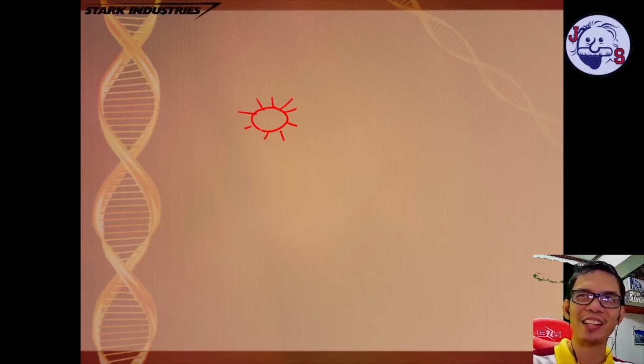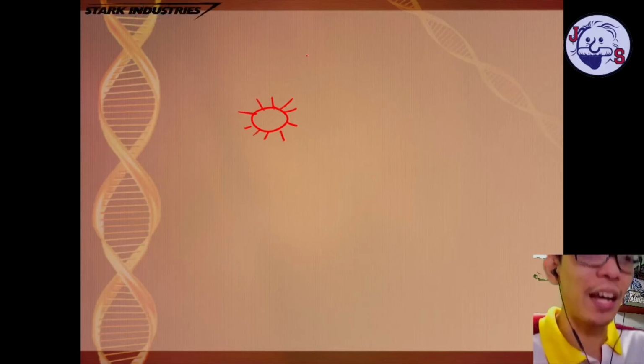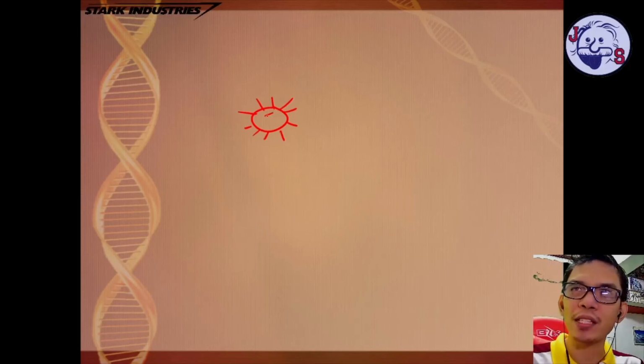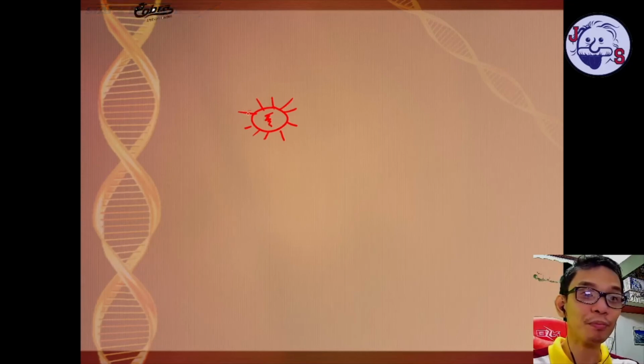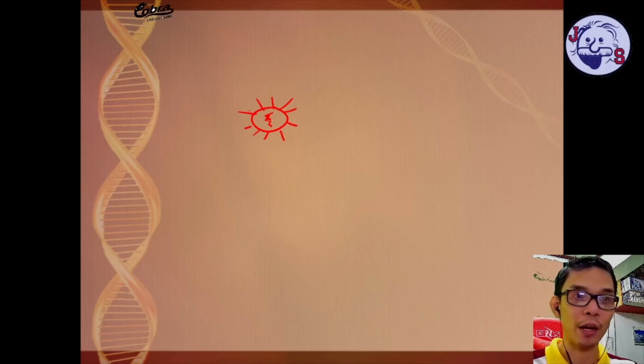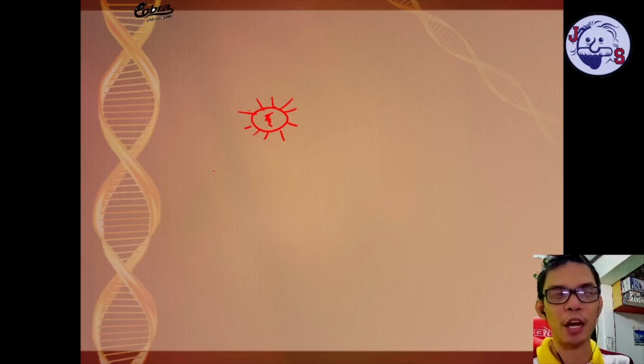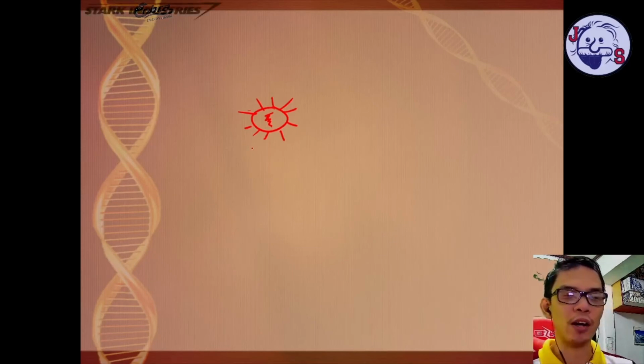I'm not good at illustrating the virus. The virus itself contains the RNA inside, and some spike proteins over here, and the envelope that covers the RNA of the virus.